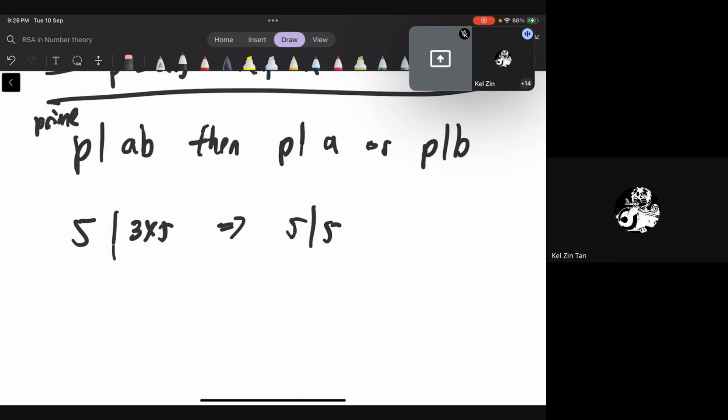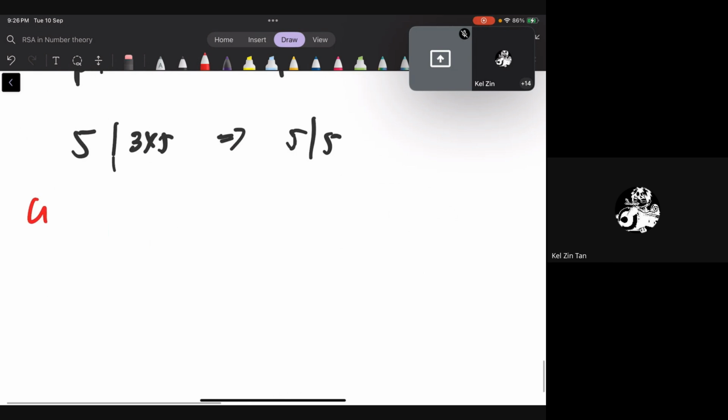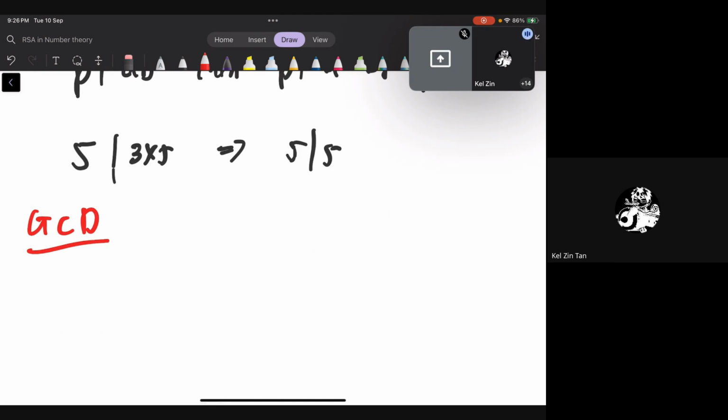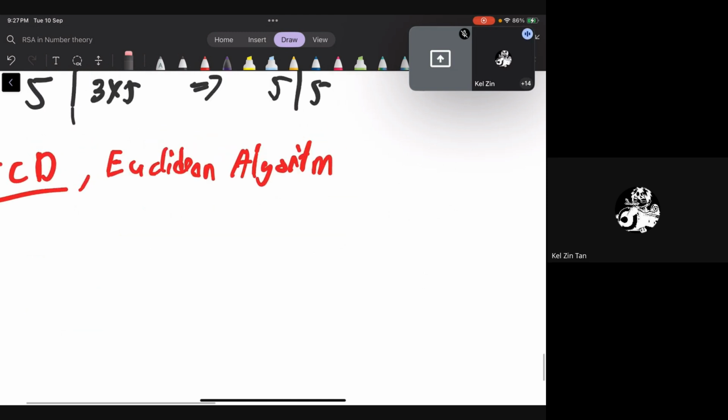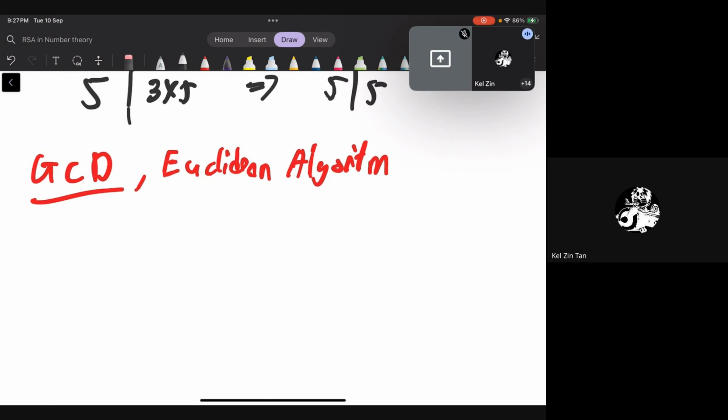Now I want to talk about GCD and the Euclidean algorithm. GCD means greatest common divisor.